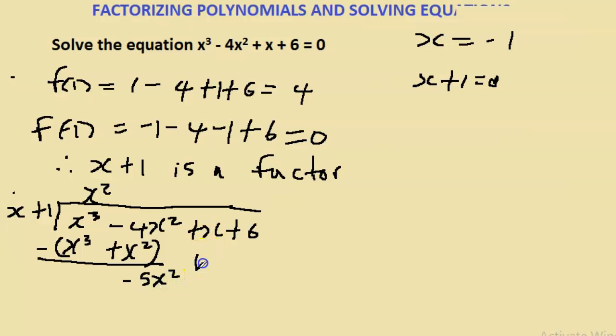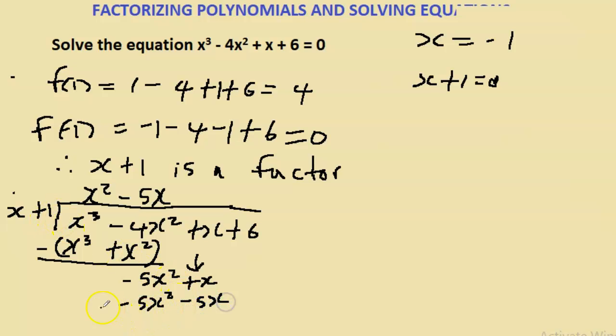Bring down the positive x. And we say x into negative 5x squared, that's negative 5x. So negative 5x times x, that's negative 5x squared, and negative 5x times 1, that's minus 5x.